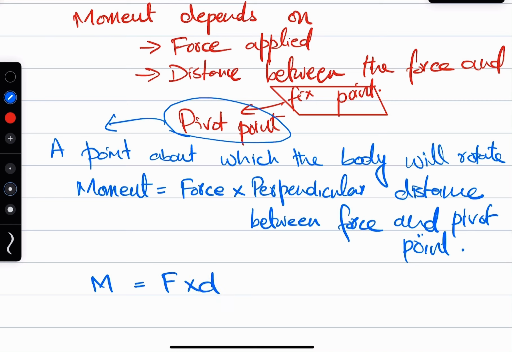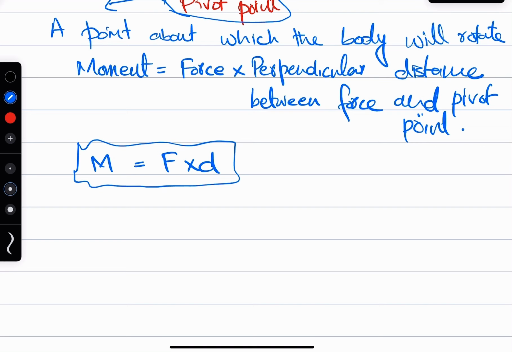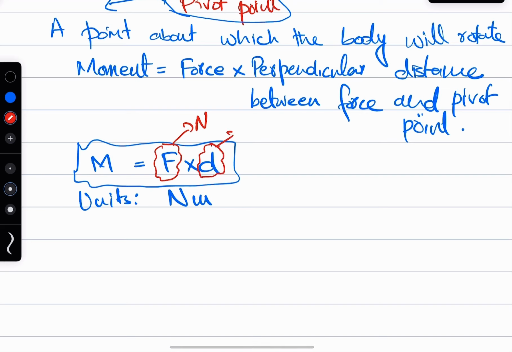So M is equal to F times d. Its unit is Newton meter. How? Because force is measured in Newton and distance is measured in meters, so moment will be a product of Newton and meters. So the unit of moment is Newton meter. It is the SI unit.